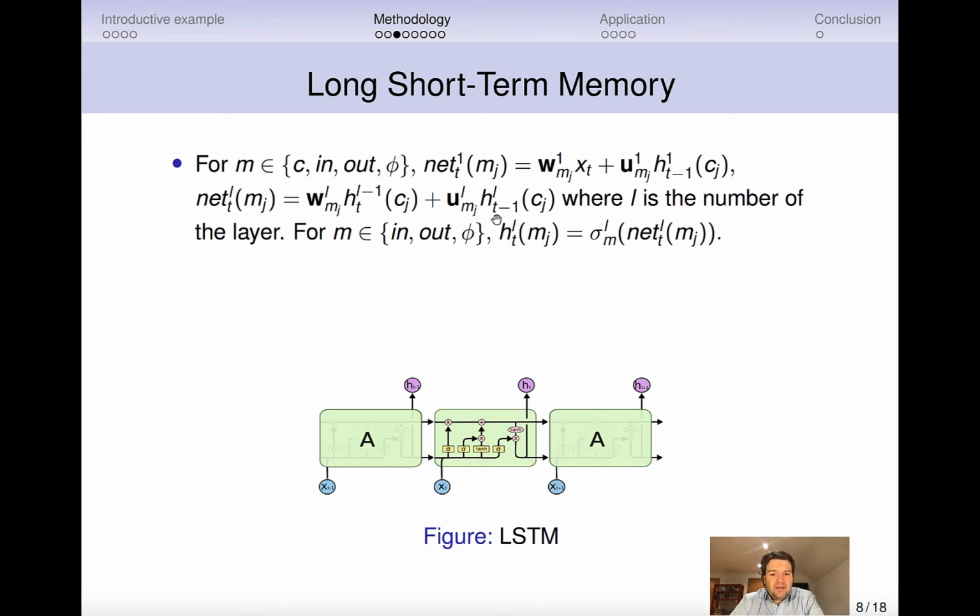Thus you have the activation function at the layer L, but for the data at time t-1, the transformation of the data at t-1, but up to the layer L to enrich the information in this net. And obviously this net is transformed thanks to sigma ml, which is an activation function as well, that transforms the net at time t and at the layer L.